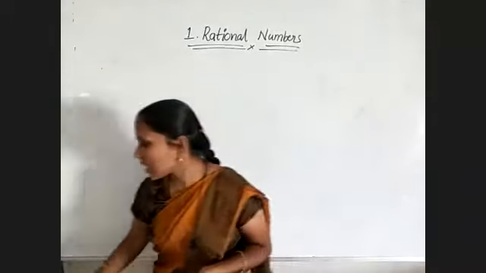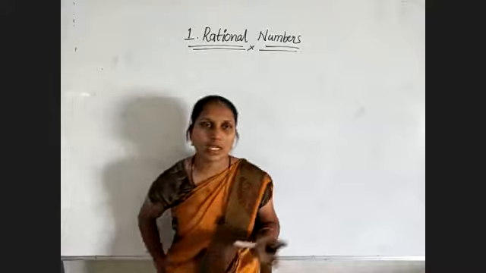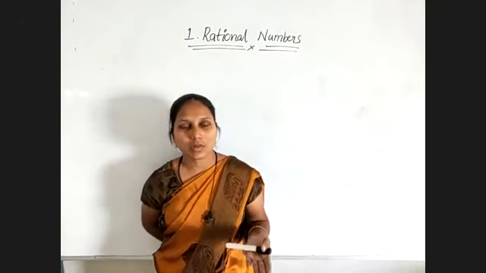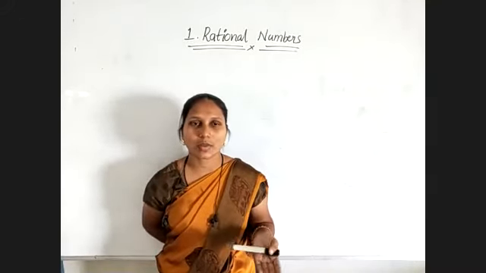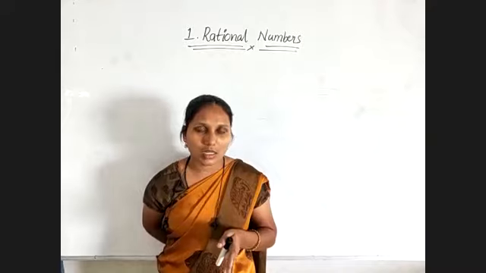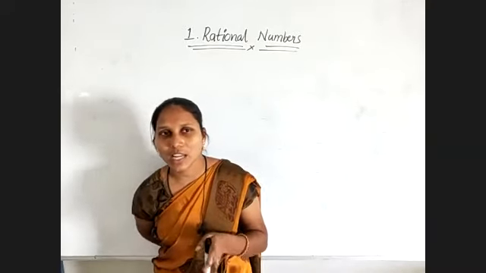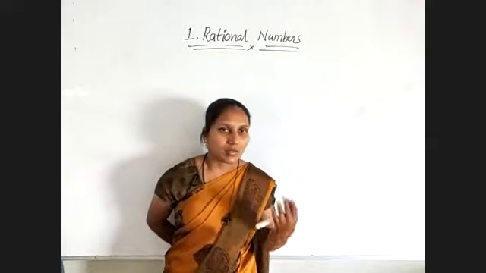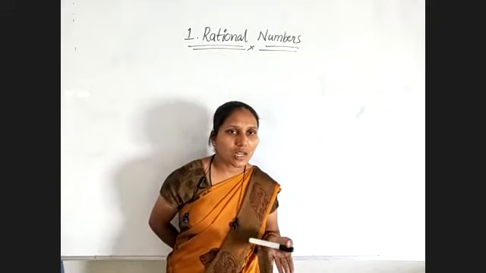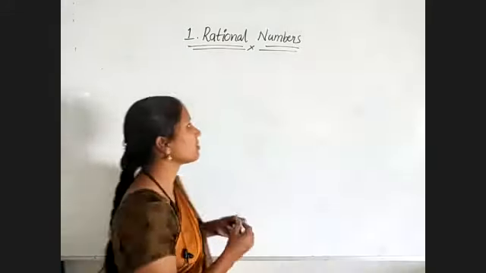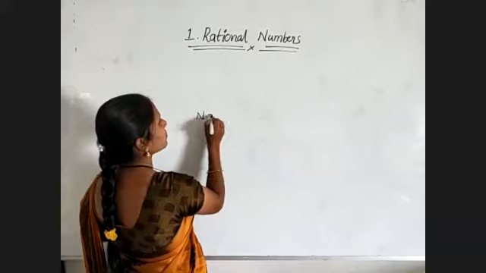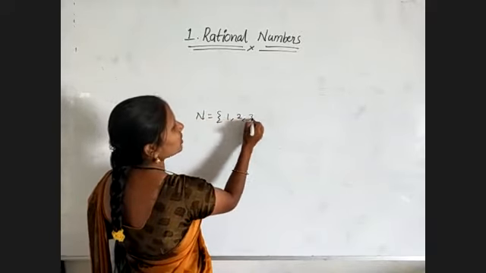Even for whole numbers also, when we add 0 to any number, we will get the same number. So that means 0 is there in the whole numbers. That's why the additive identity of whole numbers is also 0. But coming to the natural numbers, natural numbers start with 1, 2, and so on.